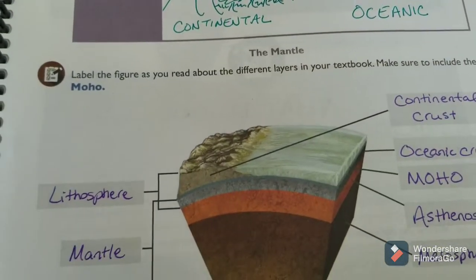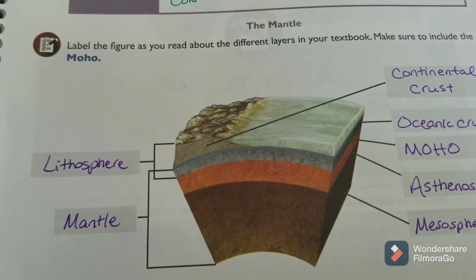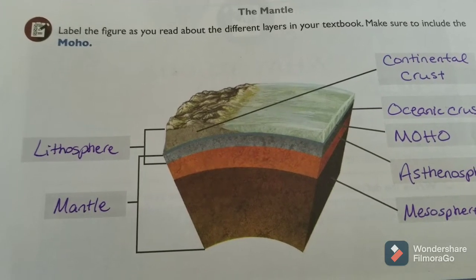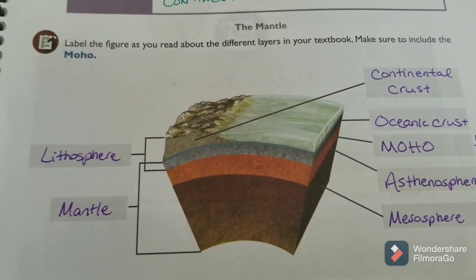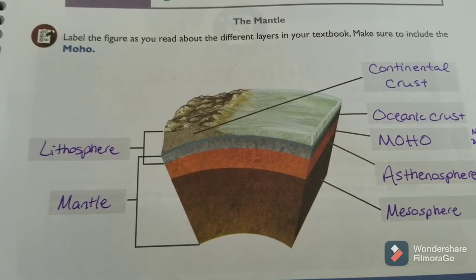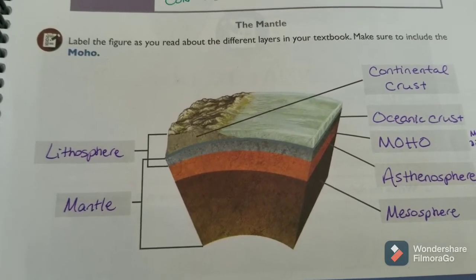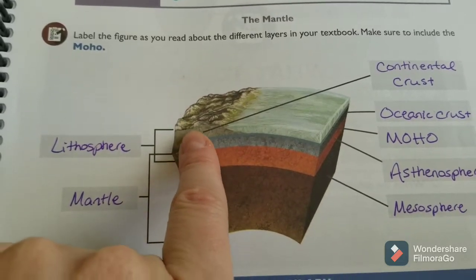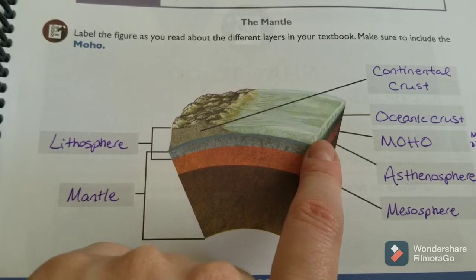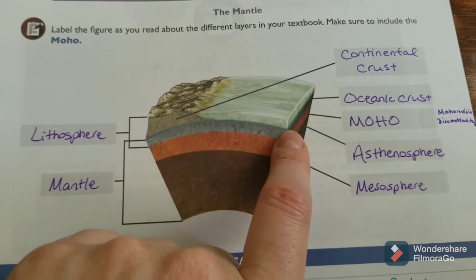The mantle. So we're getting a little bit deeper. Underneath the crust is the mantle. The mantle has different layers. Let's see here. So they've still got the oceanic crust here and here, but then we've got the moho.